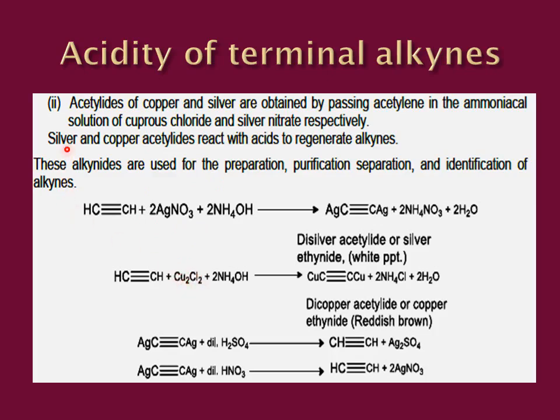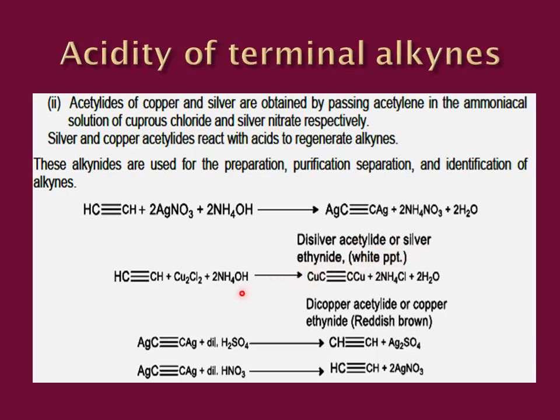Look at this chemical reaction. This is acetylene. When it reacts with silver nitrate in the presence of ammonium hydroxide, this is called an ammoniacal solution of silver nitrate. It is going to yield disilver acetylide or silver ethynide. White precipitates are going to form. Similarly, an ammoniacal solution of cuprous chloride is going to react with ethyne.